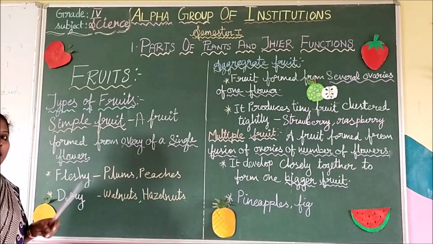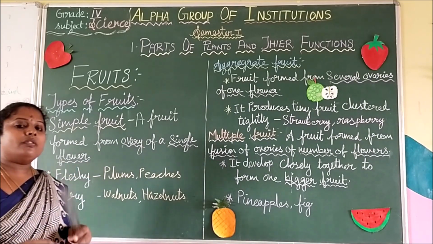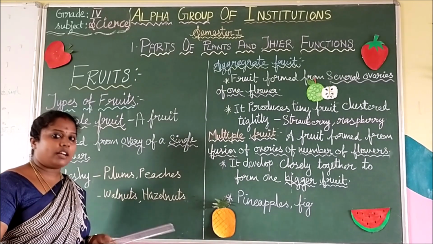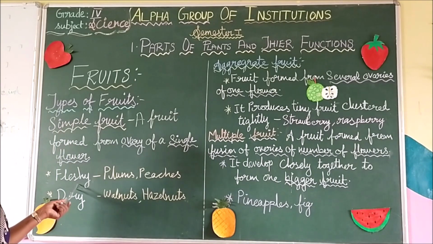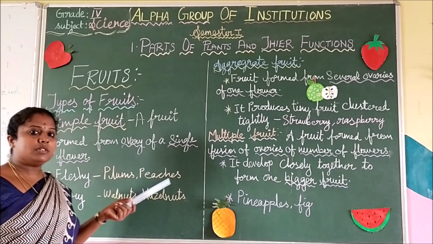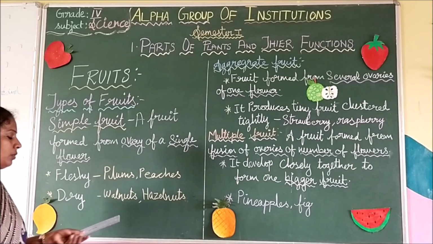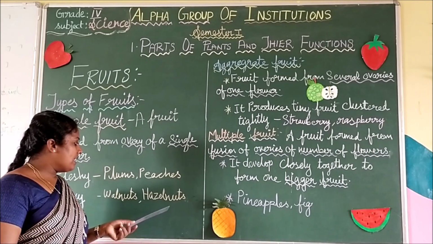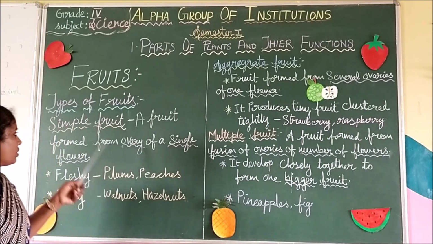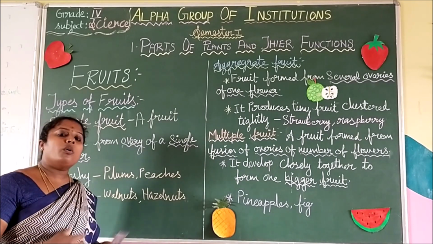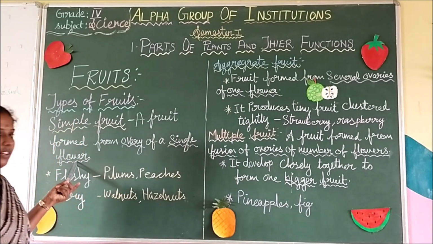The fruit may be fleshy or dry. Examples of fleshy fruits are plums, peaches, even mango. And dry fruits like walnuts, hazelnuts, etc. So a simple fruit is formed from the ovary of a single flower.